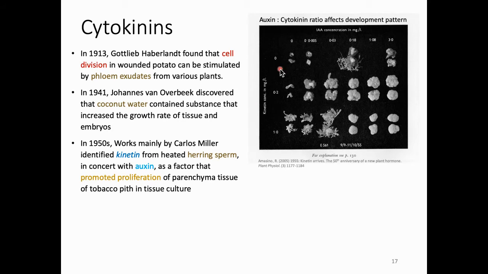In this picture are various combinations of the concentration of kinetin and auxin. With none of the hormones, you will have this small callus. And callus is just a mass of undifferentiated cells that has not decided whether to grow into some specific cells.